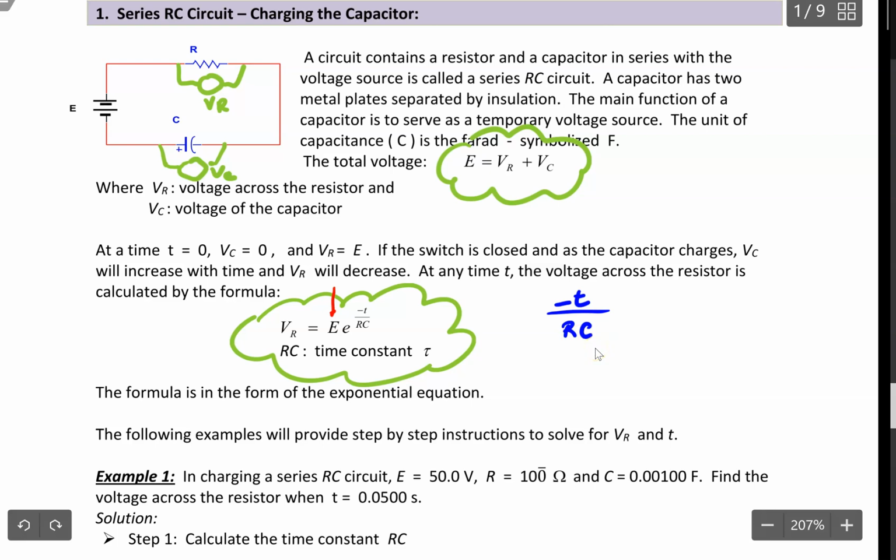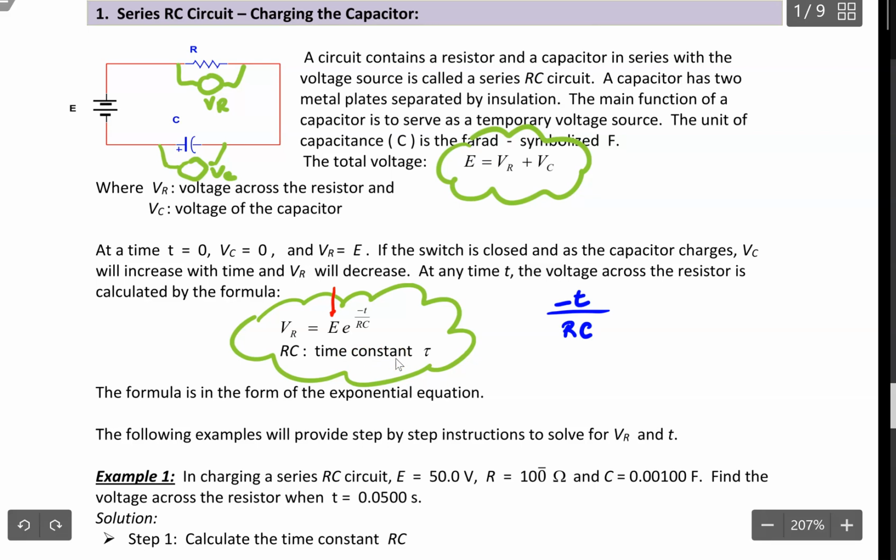So what do you get out of that? In order for you to have a proper unit for this particular exponent so that you can apply it to the e to that exponent, R times C is defined as the time constant.